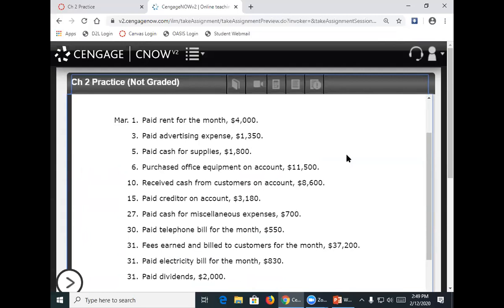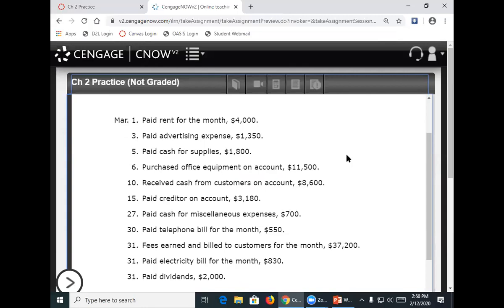On March 3rd, we paid advertising expense, $1,350. What two accounts are being affected there? Advertising expense and cash. Very good. It's really just like the first one. We paid an expense. Anytime you see the word paid, we know cash is credited. Cash is decreasing when we see the word paid.